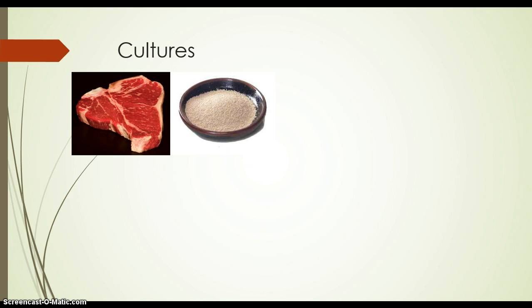The first one is you can use what's called a complex medium, in that you take something like meat or yeast and you just kind of grind it up and then put it in something, and then bacteria will grow on it. Effectively, they do more stuff than that, but for our intents and purposes right now, that's all you do.